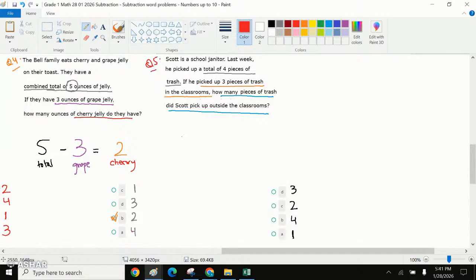If Scott is a school janitor, he picked up a total of 4 pieces of trash, right? So we can say he picked up a total of 4, minus what he picked up in the classroom. So he picked up 3 pieces of trash inside class. Agreed? So how many pieces of trash would he pick up outside?